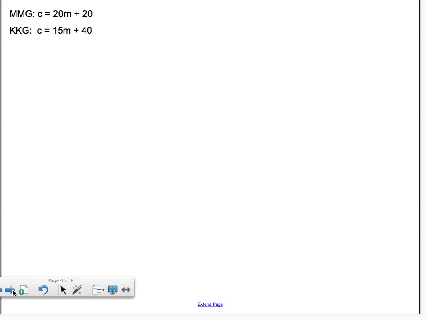Right? Both equations: C is equal to something. Just staring us in the face. C is equal to something. So if C is equal to this, and C is also equal to this, well then we could say that 20m plus 20 is equal to 50m plus 40.